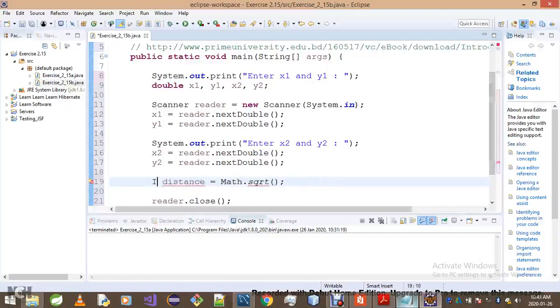What we are gonna do rather is to simply use the square root method of the Math class, right? And then inside that, we put what we had previously on our variable, which is simply x2 minus x1.